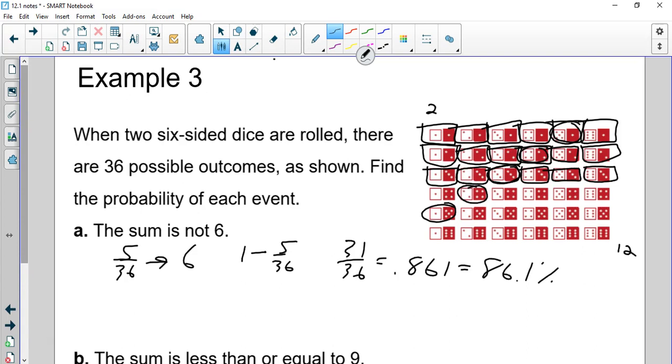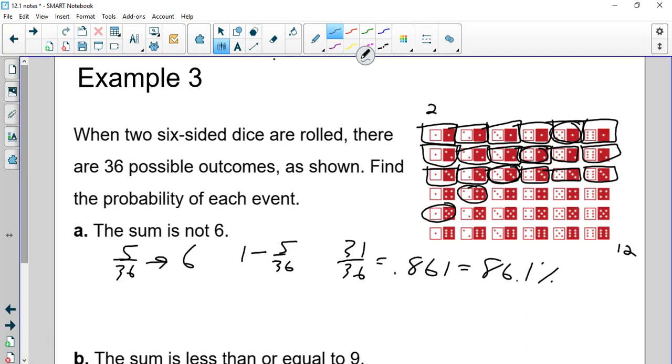We can do 9. And you can see this is taking a long time to find all the ones that are less than or equal to 9. Or, using the concept of the complement, we can find the greater than 9 and just go backwards. Again, I want you to see you have a choice, but the quicker way will be to go backwards because there's going to be less of that.